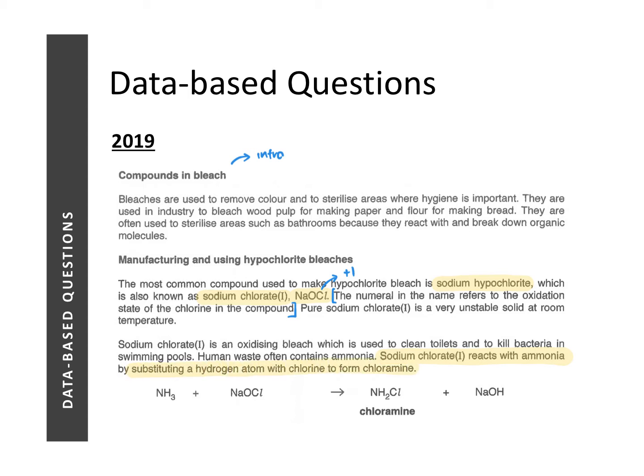It takes place by substituting a hydrogen atom on ammonia with a chlorine from your sodium hypochlorite. So statements like this tell you how a reaction occurs, or the pattern in which a particular type of reaction happens.